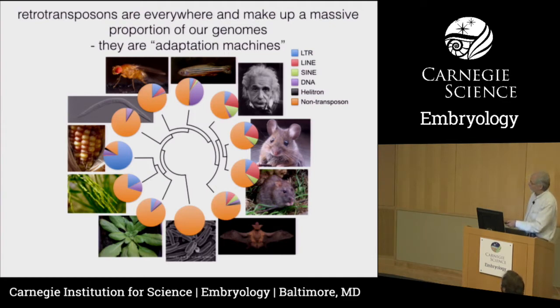There are some there. The slice is just too small for your eye to see. To mammalian genomes, which are heavily dominated by retrotransposons. So in the mouse and human genomes, we see these very large slices in red, which represent the LINE sequences that I'll talk about today.